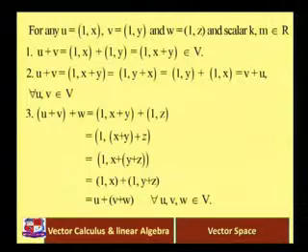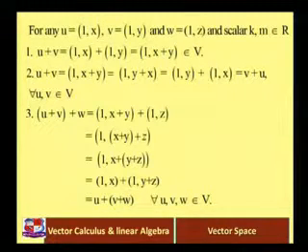Now the associative law in real numbers says that (x + y) + z is equal to x + (y + z), that we know for real numbers. So we use that in the next step, that is (1, x + (y + z)). So that is equal to (1, x) + (1, y + z), and that is equal to u + (v + w), and this is also true for all u, v, w belonging to V. So the first three conditions are satisfied very easily.